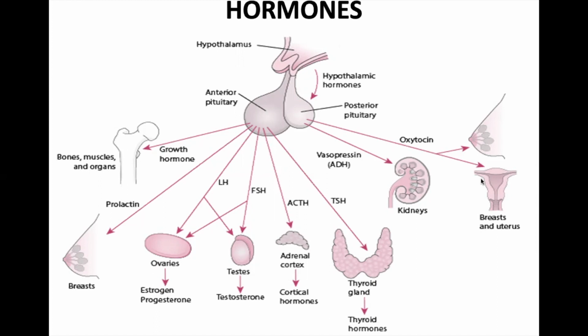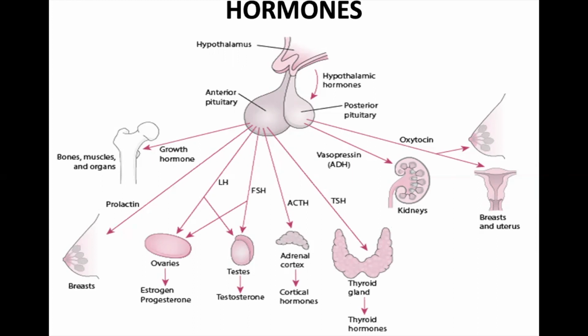Just take an example: the thyroid gland releases a thyroid hormone called thyroxine. The testes release testosterone, the ovaries release estrogen and progesterone. But in order that all these organs release the hormone, they are stimulated by a hormone secreted by the anterior pituitary.